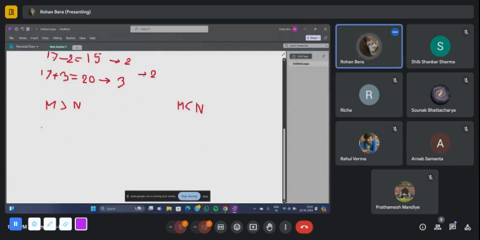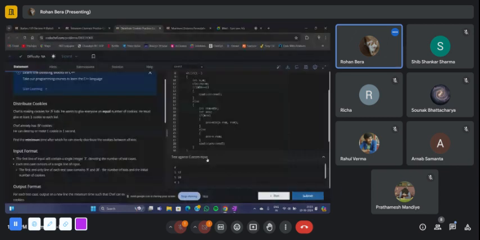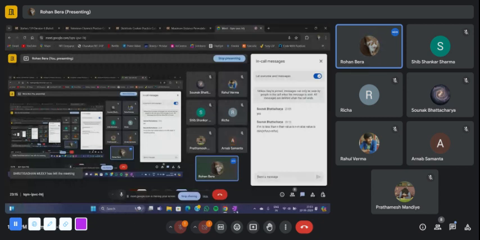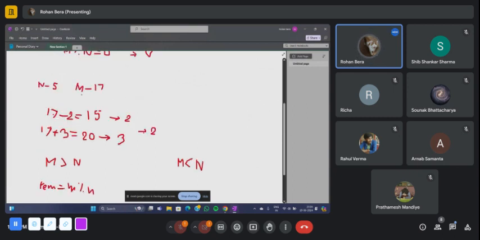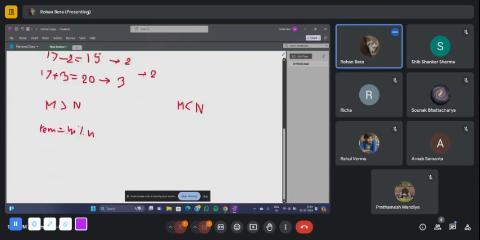That would simply be m modulo n, isn't it? Yeah, right. The number of cookies that I need to destroy is m modulo n. That many cookies I need to destroy so that it becomes a multiple of n.